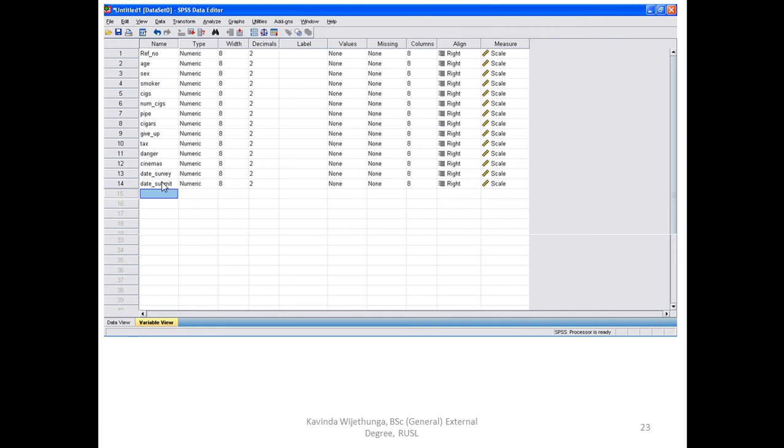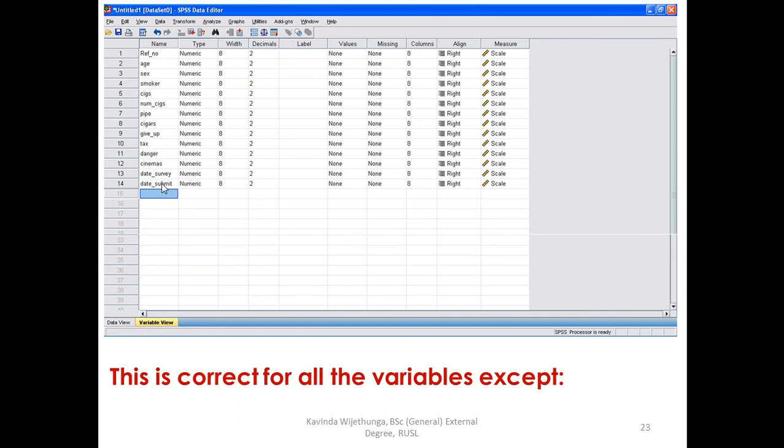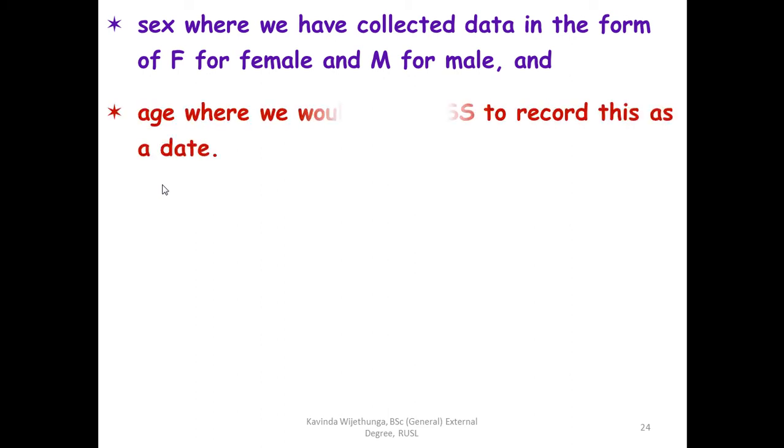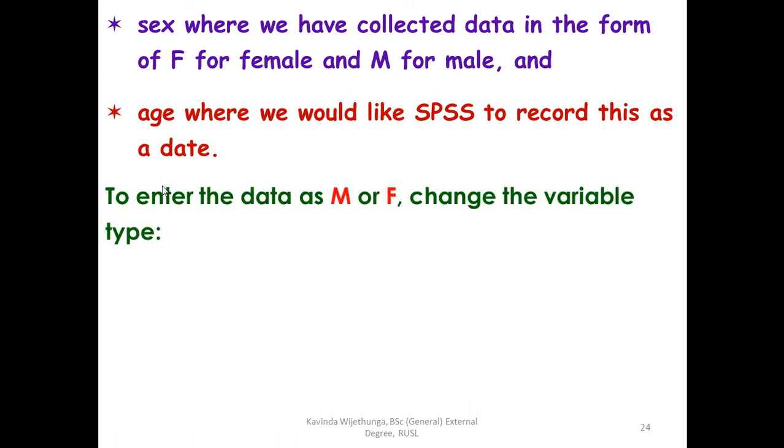That is the first thing you have to do, right? Sex, where you have the collected data in the form of female and male, right? So age would be recorded in SPSS as a date. To enter male and female, change the variable type.